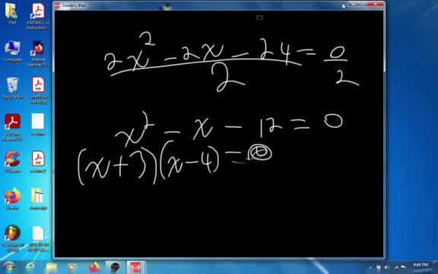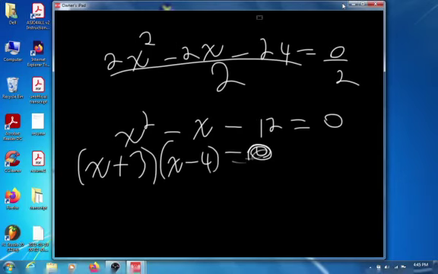In some cases x minus 4 must be equal to 0, and in some cases x plus 3 must be equal to 0. Because when x plus 3 equals 0, multiplied by x minus 4 it equals 0. Or in some cases, both of them are equal to 0.